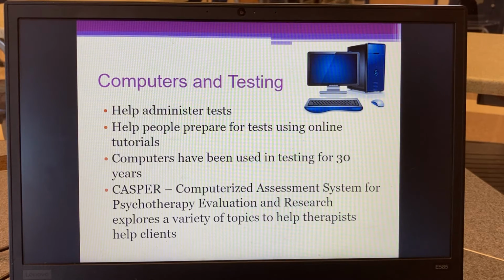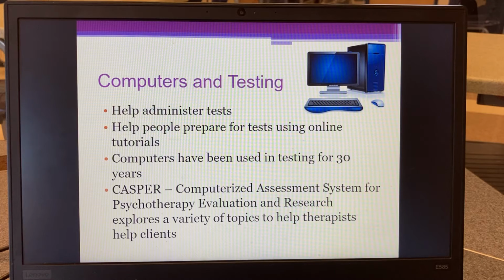Now, computers have gotten a lot of blowback because they've become really big over the last 15 to 20 years on how to test. And the problem comes with cheating as well, not with those types of tests, but more the standardized tests that you have to look at.